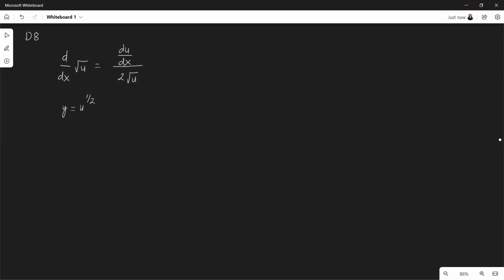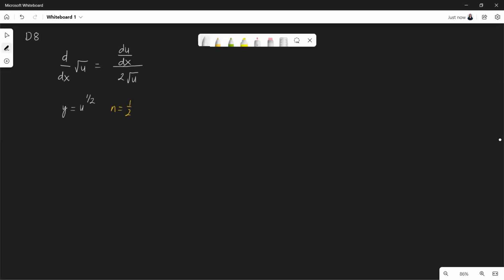Again, we're trying to derive this formula here from the power rule. So n is 1/2 and the base is u.